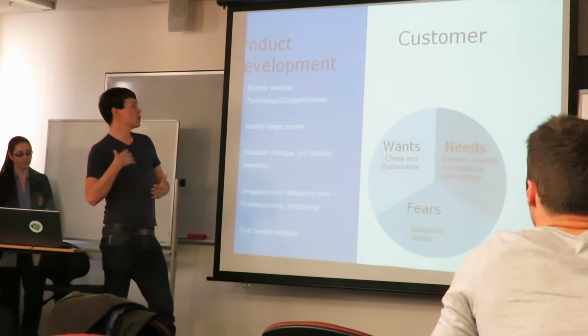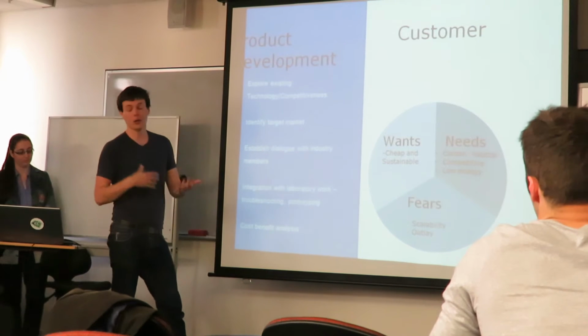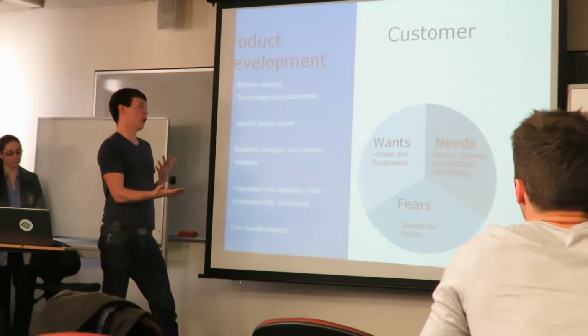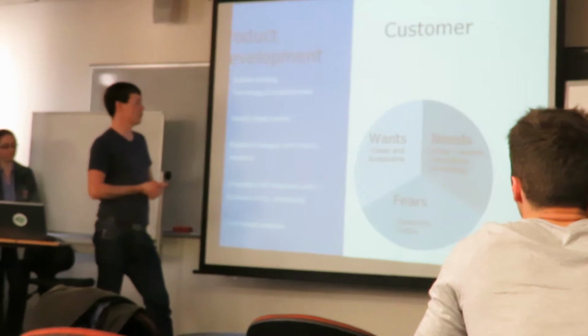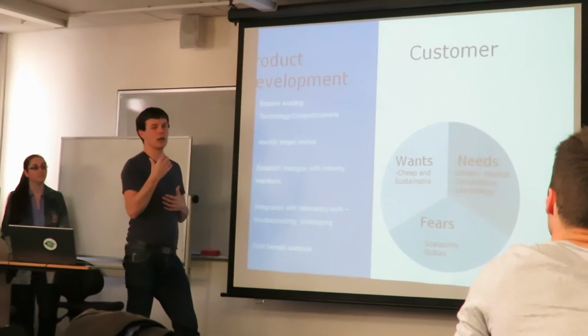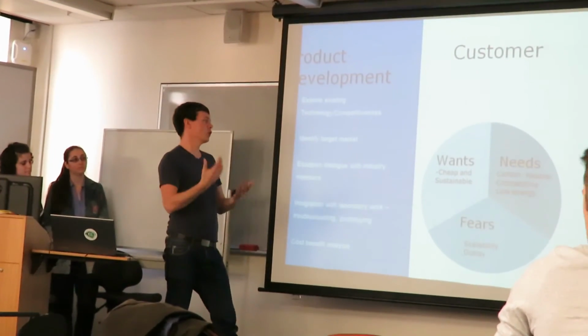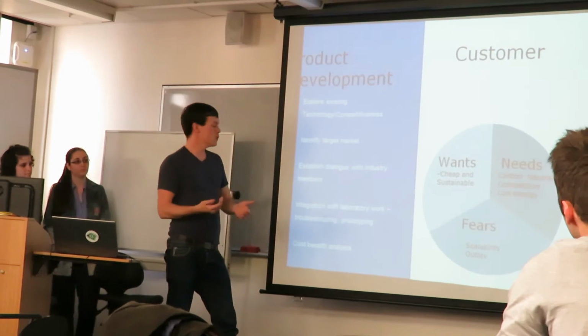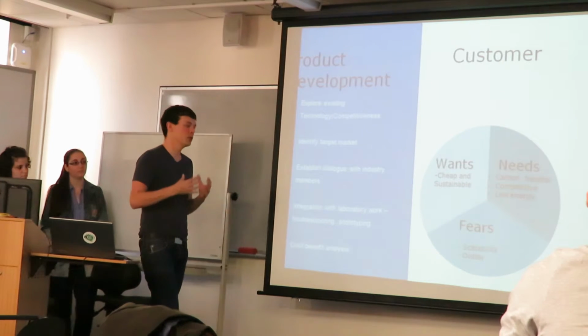Now, to explore that, we'd be exploring existing technology, so how competitive our proposal could be. Also to identify a target market. So at the moment, I've been looking extensively at, there's a lot of interest in solar capture technology, so transforming solar energy into a viable resource. And integration with laboratory work is really at the core of all this.